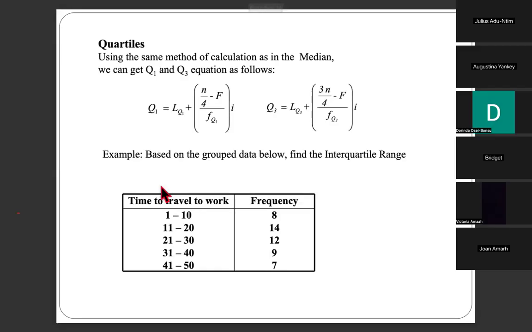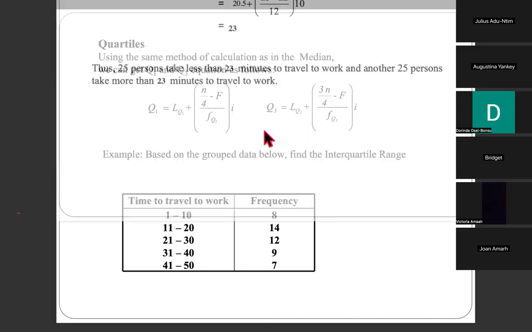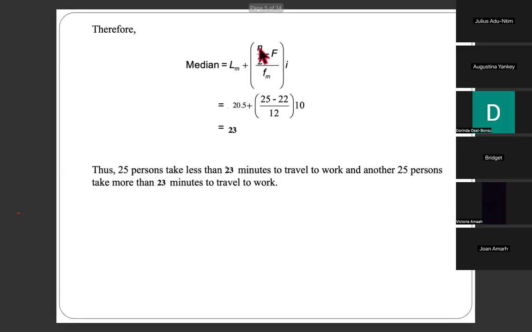So then we can also look at how we can find the quartiles using the same approach. The only difference between the median and the quartiles is that over here we divided the total observation by 2.